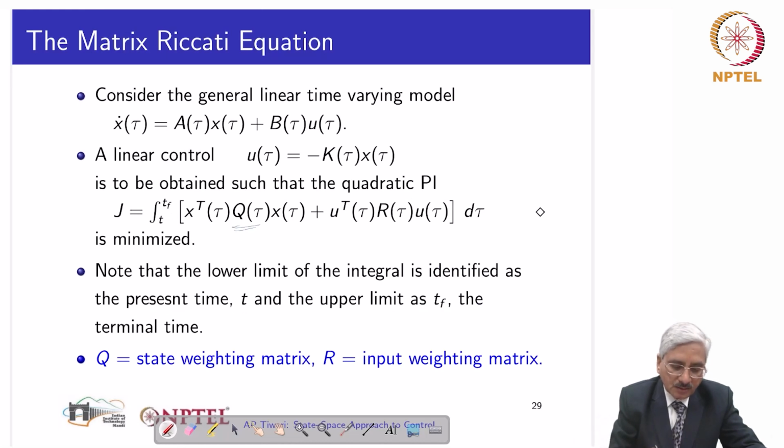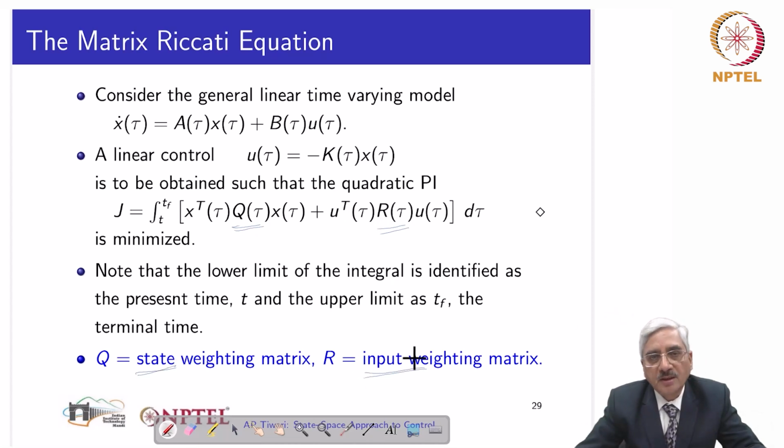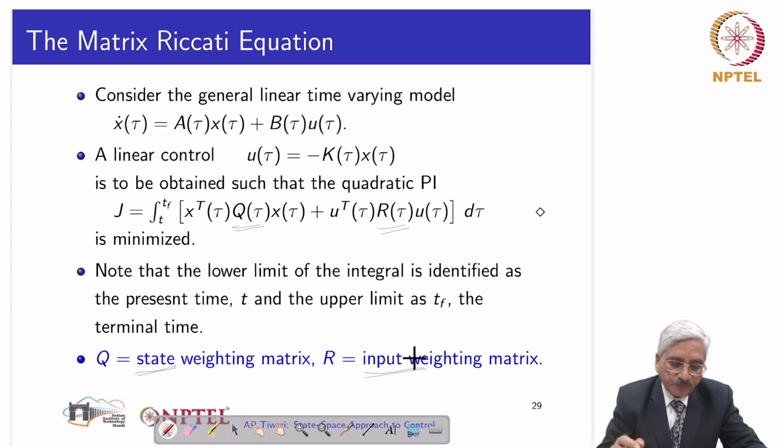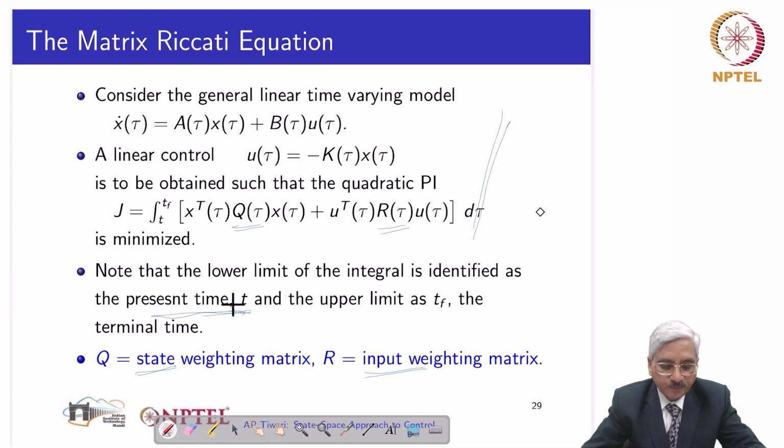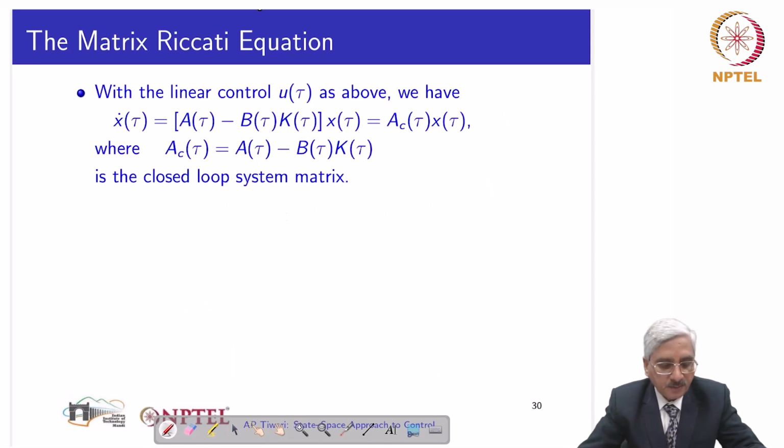Of course, in this Q and R are respectively called the state weighting matrix and the input weighting matrix. So we are interested in this problem, from the present time t till t_f in case of the control problem.